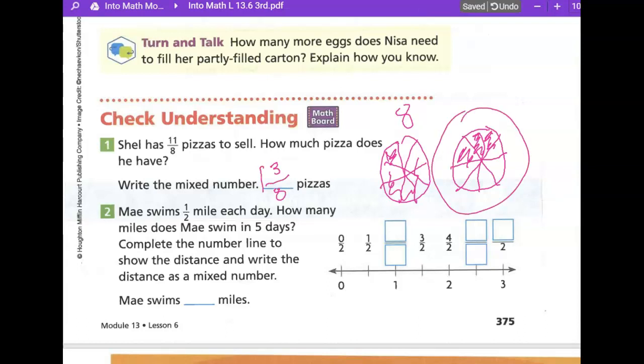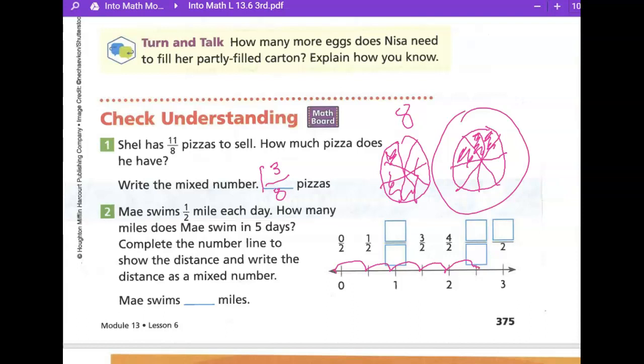May swims 1/2 mile each day. How many miles does May swim in 5 days? Complete the number line to show the distance May swims and write the distance as a whole number and a fraction. 1/2 mile each day for 5 days. So this is 1 day, 2 days, 3 days, 4 days, 5 days.